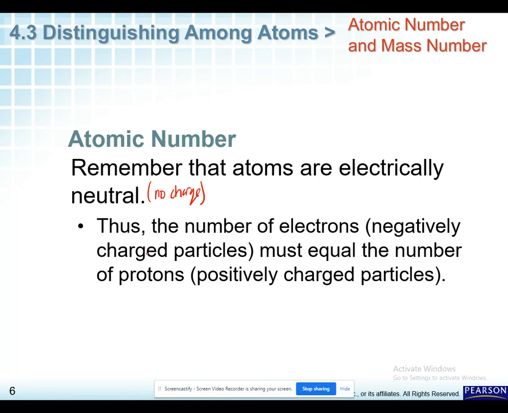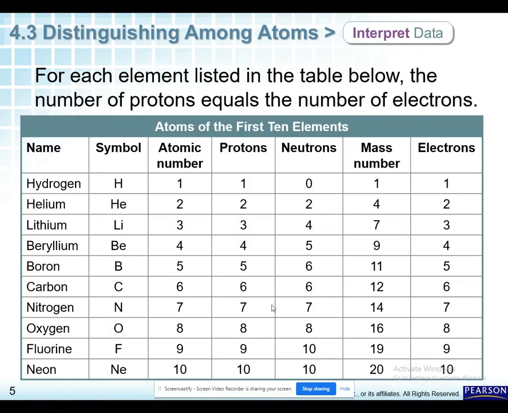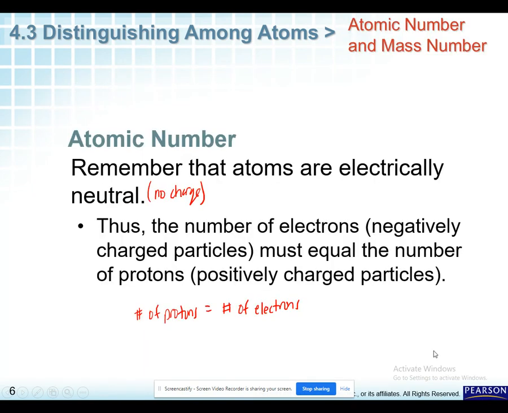So for a neutral atom, number of protons equals number of electrons. And we're going to see that right back here on this following picture. Here we have protons, and if you look at the column for the electrons, they equal: 1 proton, 1 electron, 7 protons, 7 electrons, 9 protons, 9 electrons.